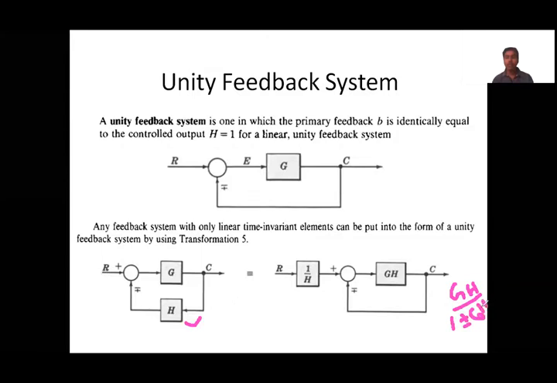Now this is the loop gain, and it is multiplied with 1/H. If you multiply this with 1/H, the H will be cancelled, so again it will be G / (1 plus or minus GH).